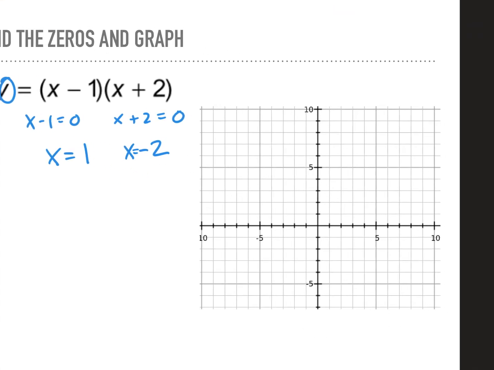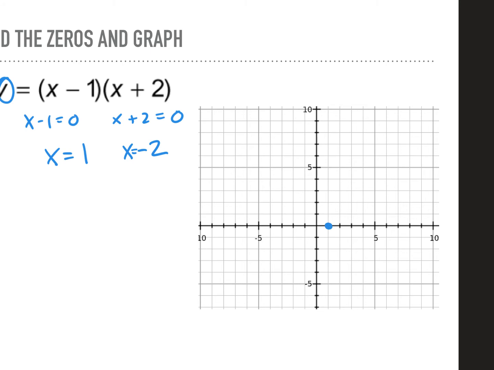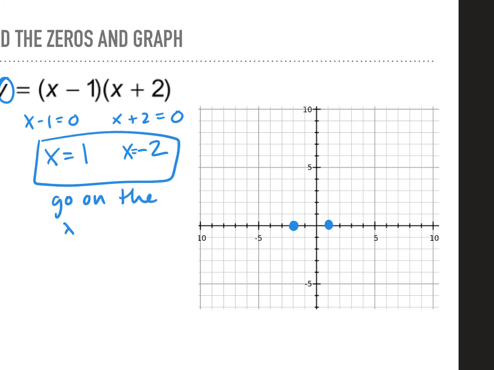So on my graph, I'm going to put a point at 1 on the x-axis and negative 2 on the x-axis. So these points go on the x-axis. Not yet. Do we have a graph yet? No.